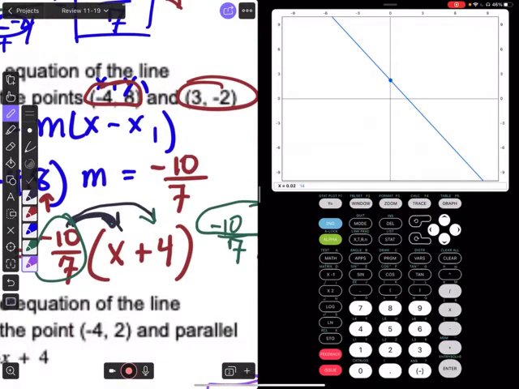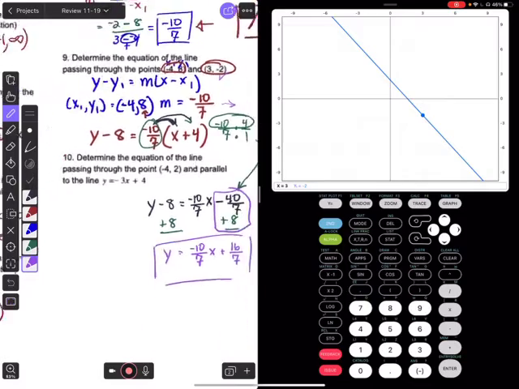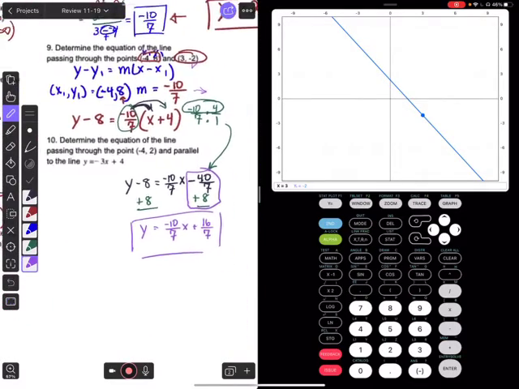So I'm going to type trace, negative 4. And you can see at the bottom of my graph, it says negative 4 goes with 8. And then I'll type in the number 3, hit enter, and it tells me 3 goes with negative 2. So I'm certain it goes through those 2 points. 2 points define a line, so I know I'm done. And I am correct with that solution.